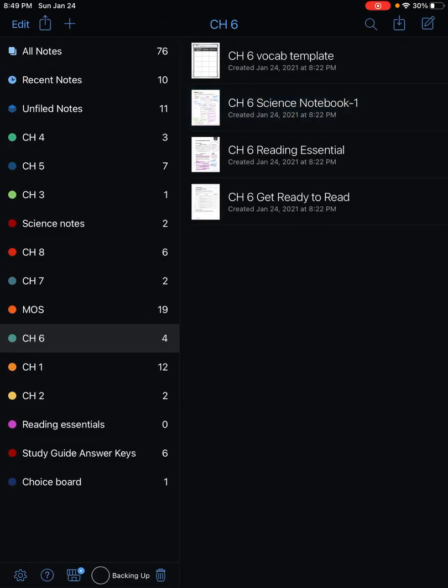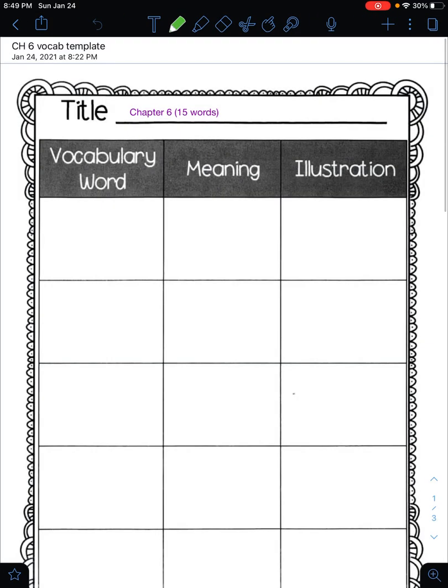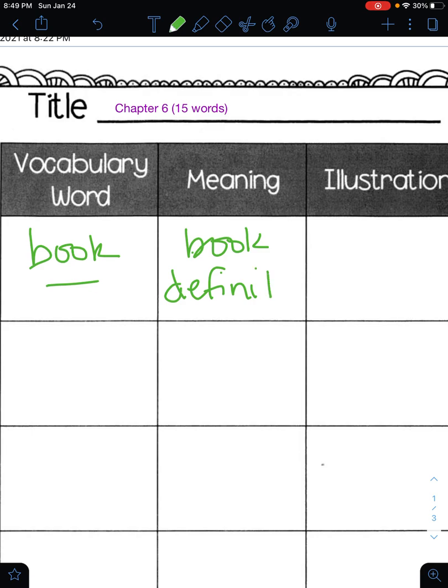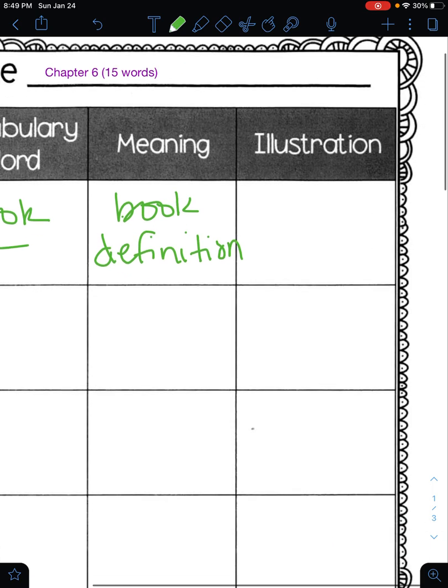So one more thing I want to talk to you guys about will be this vocab template. Make sure that you are keeping up with the vocab words. So this is going to be from the book. Okay, get those words from the book and then the book definition. So don't be making that up.